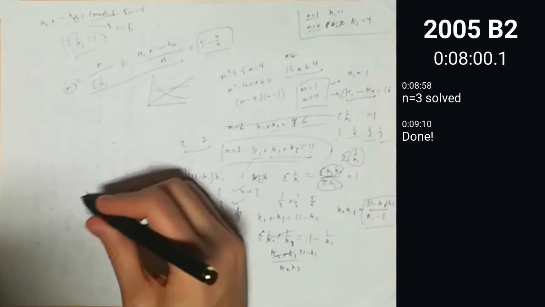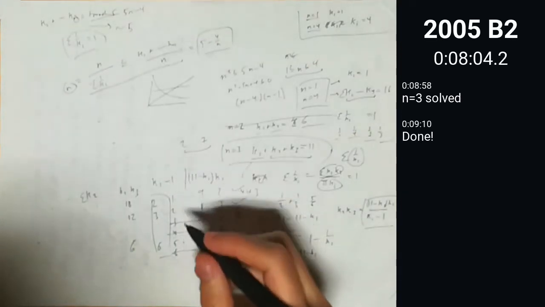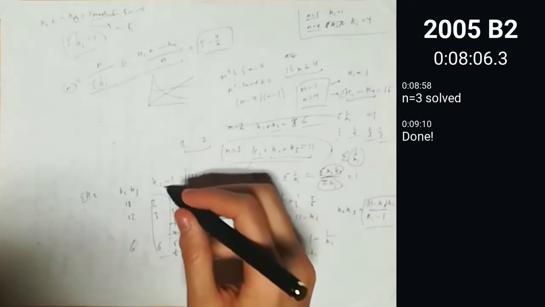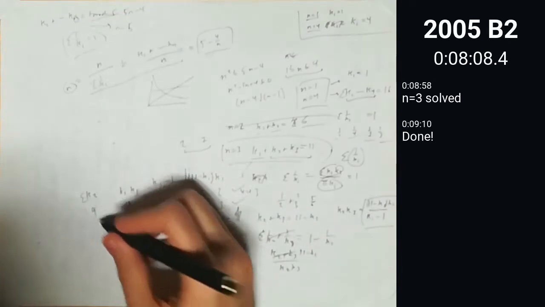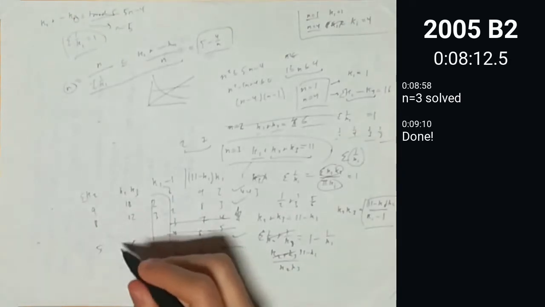And I know the sum, K2 plus K3, is just going to be 11 minus K1. So this is K1 minus 1, this is K1. So this is going to be 9, this is going to be 8, and this is going to be 5. Yes.